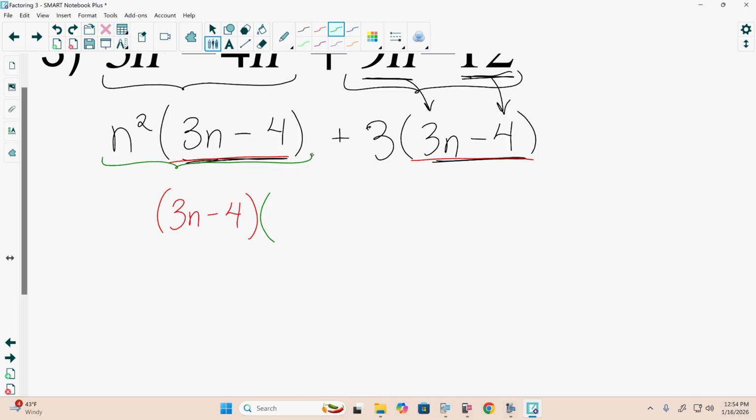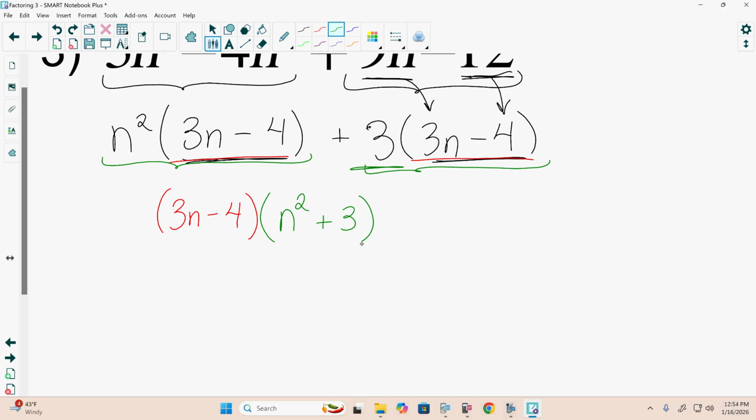What we're left with in this first spot is just positive n squared, or just n squared. If we factor the 3n minus 4 out of our second expression, what we're left with is positive 3. Telling us that the factored form is 3n minus 4 times n squared plus 3.